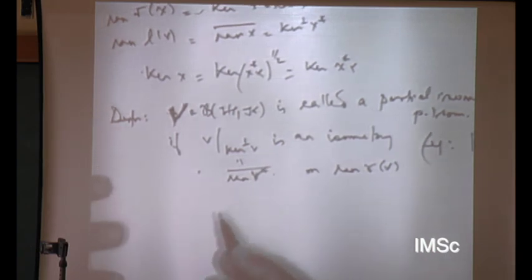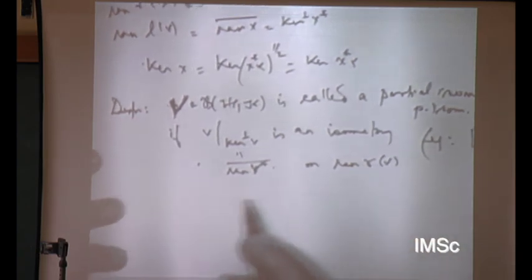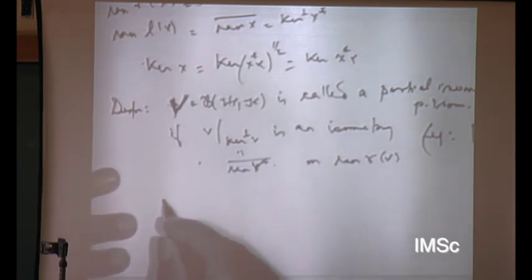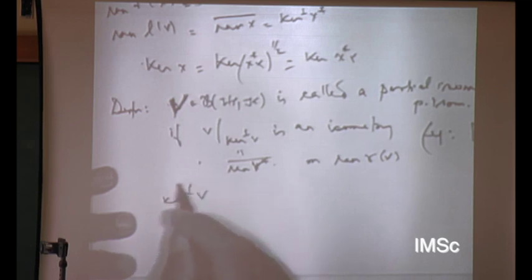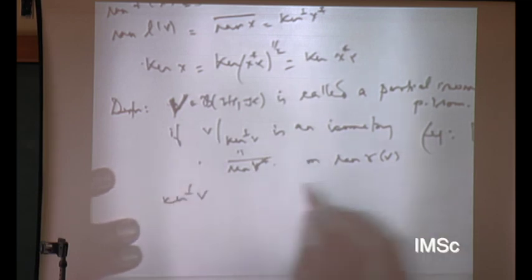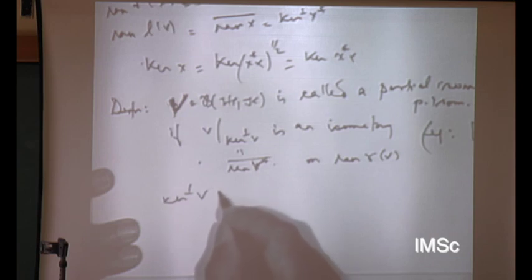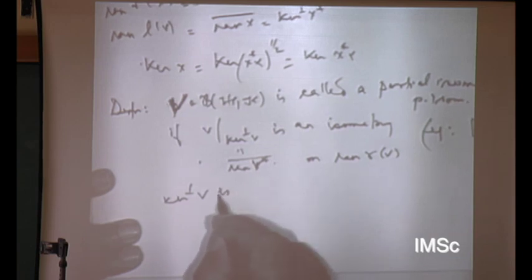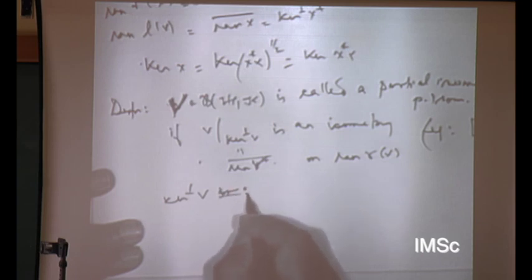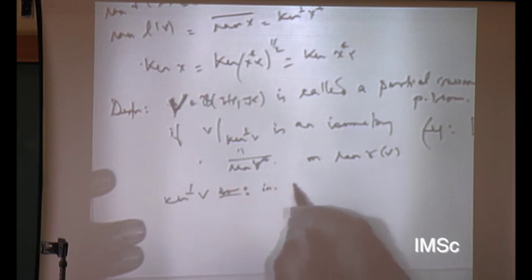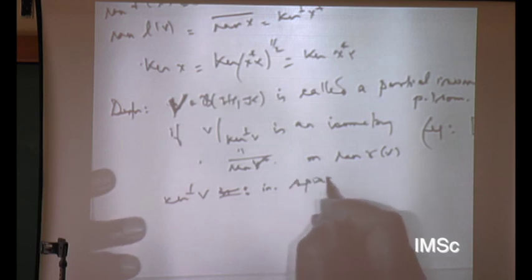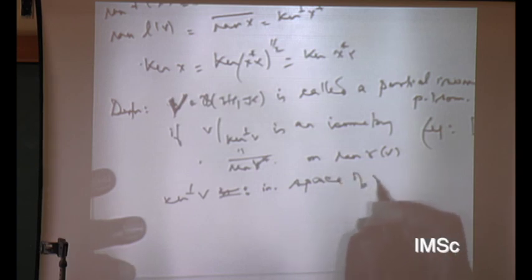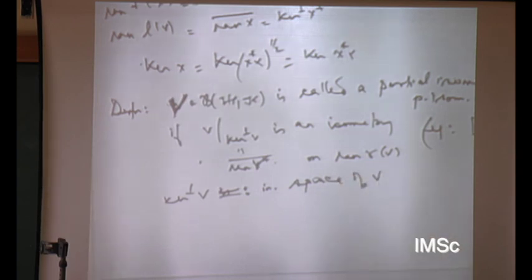So it is good to coin a word for this. So I will see this kernel perp V for such a partial isometry. By definition, this is called the initial space of V. There is one piece on which it is isometric, the other piece is zero.